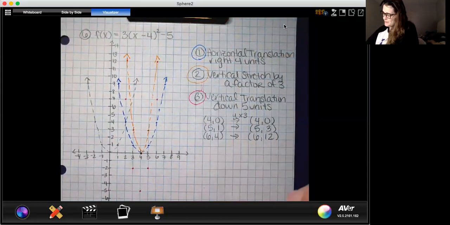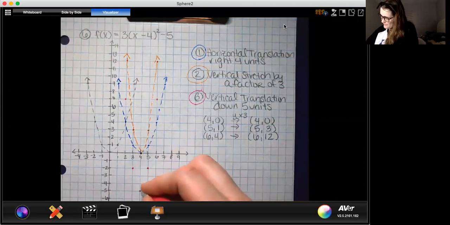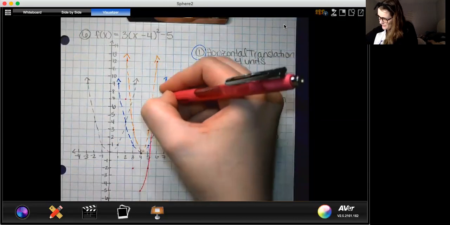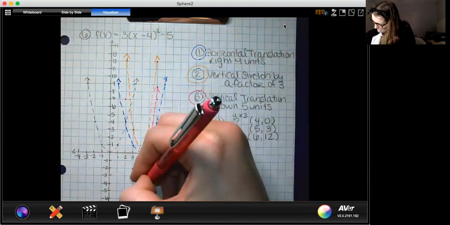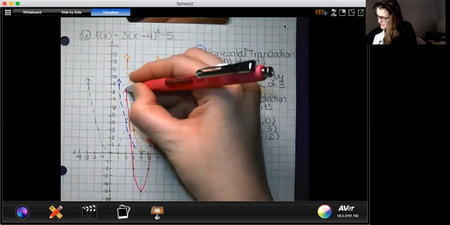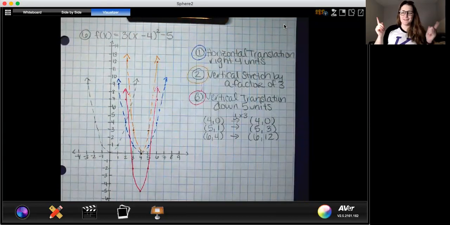And because this is my last one, I'm going to go ahead and connect those points. It's going to be a little bit harder with everything else going on, but you can do it. There we go. And I didn't smear the ink this time. Okay.